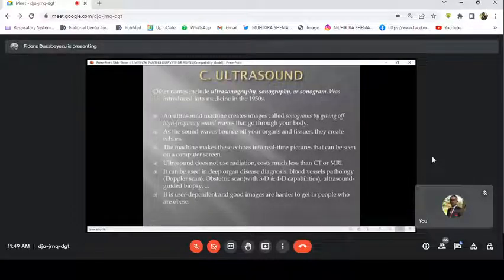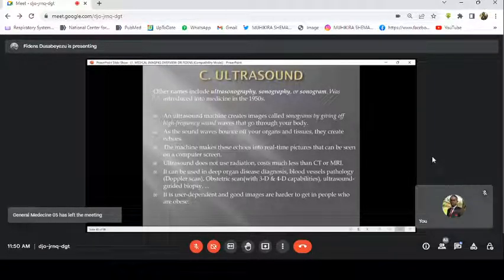But something very important you have to know: ultrasound scan is user dependent, meaning people can see different diseases using the same ultrasound machine. The country will have many sonographers, people who are not medical doctors.